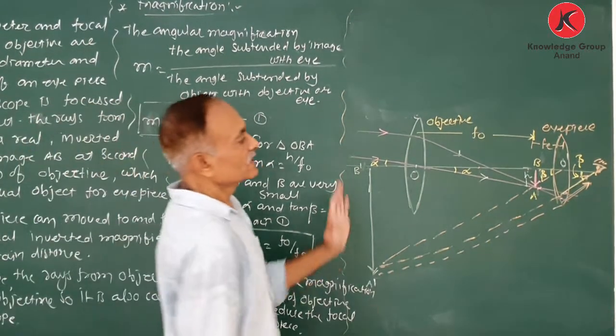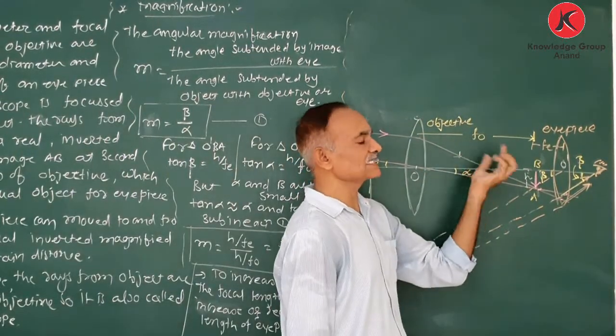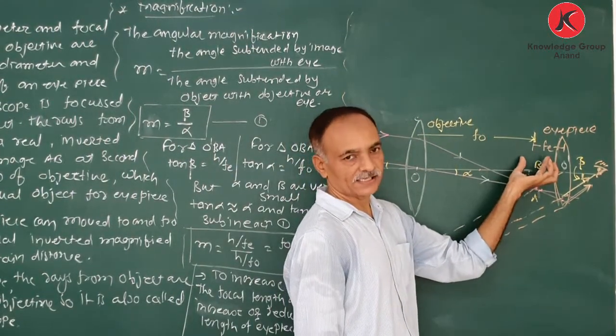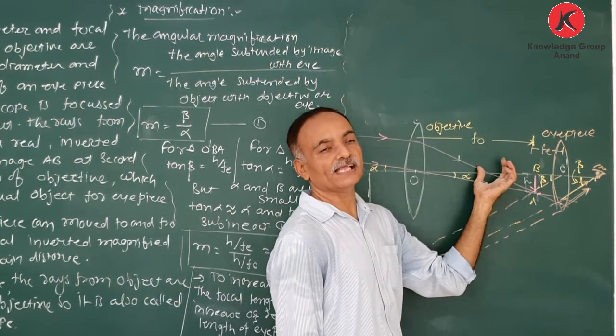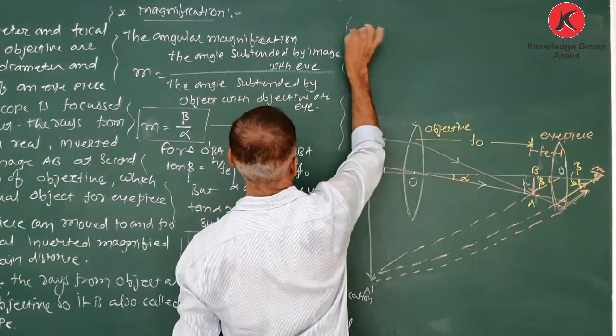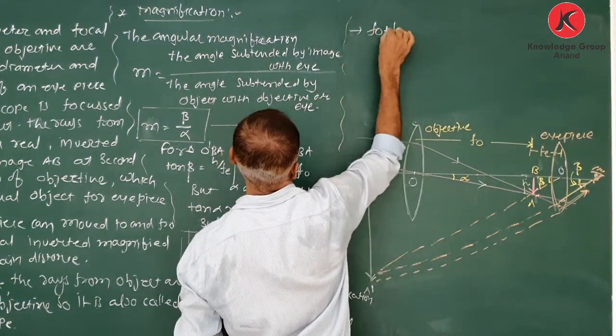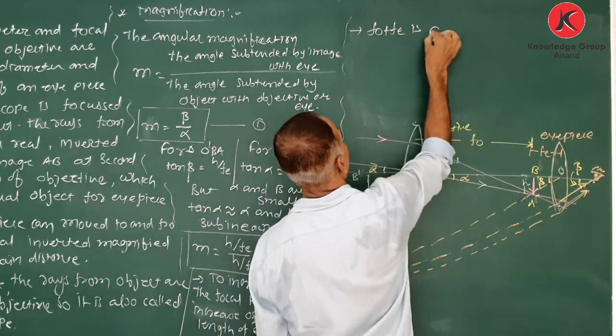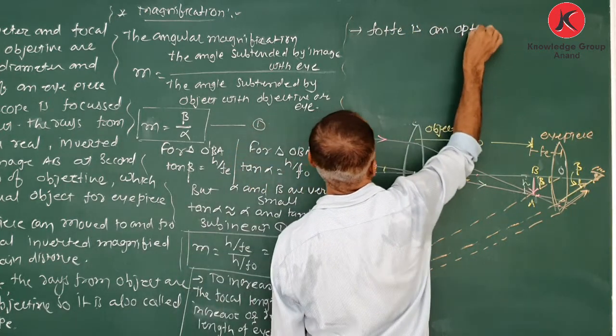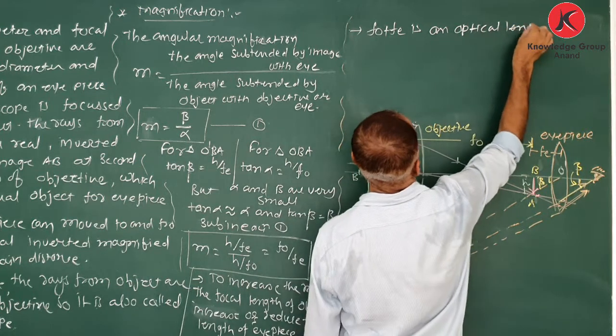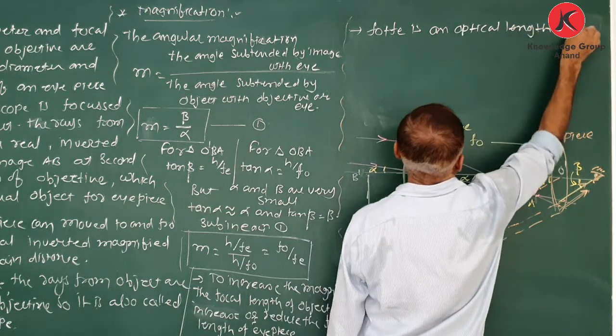Now, the distance between the two lenses, that means Fo plus Fe, is known as the optical length of a telescope.